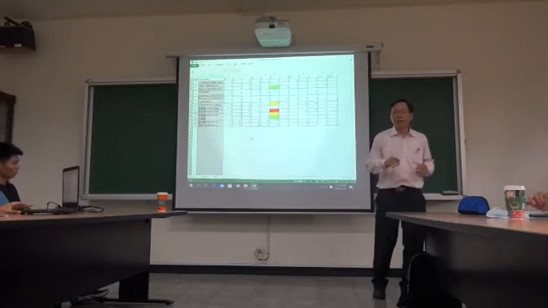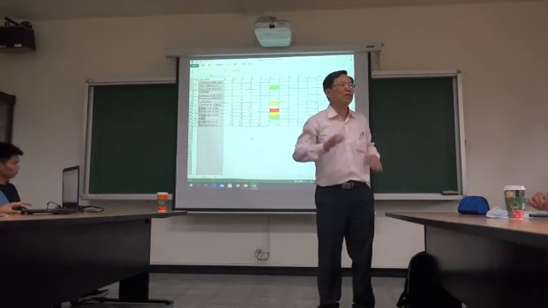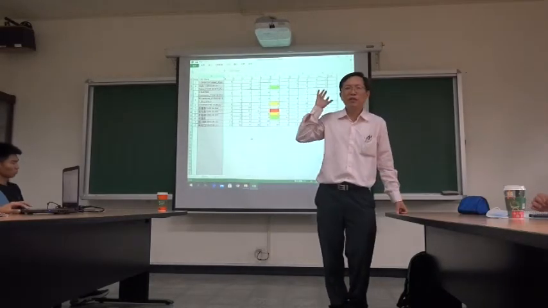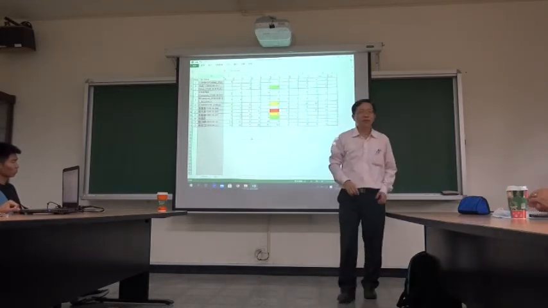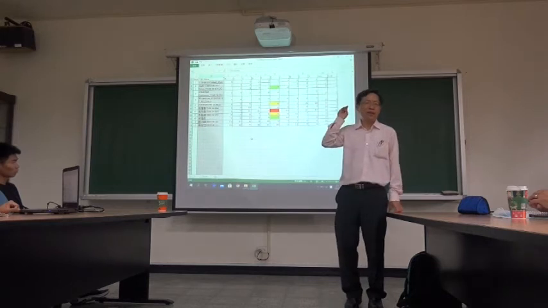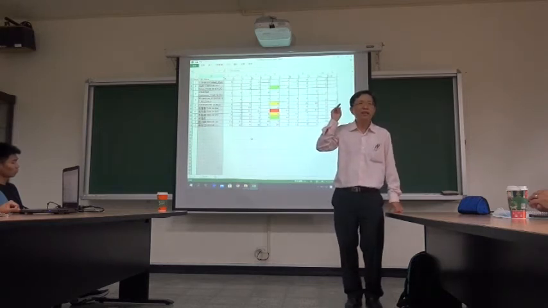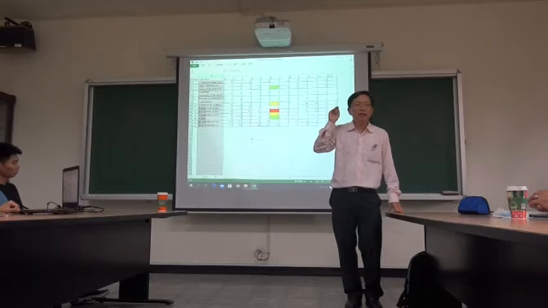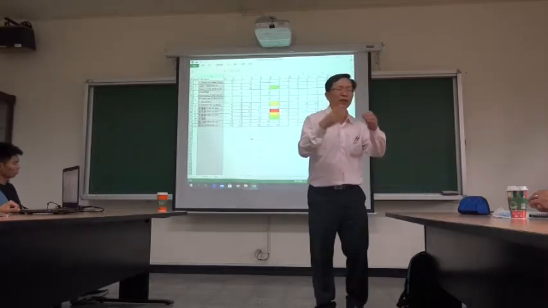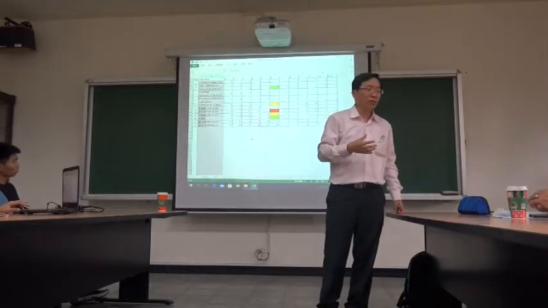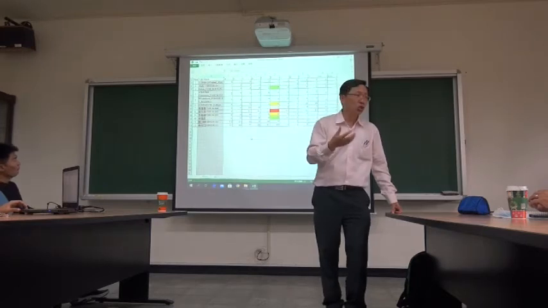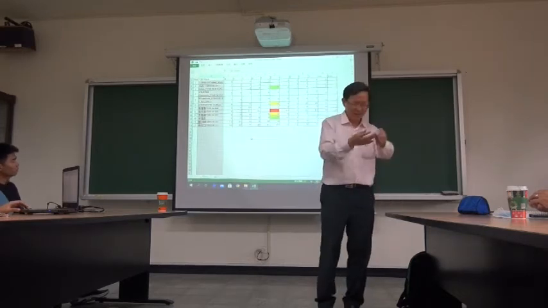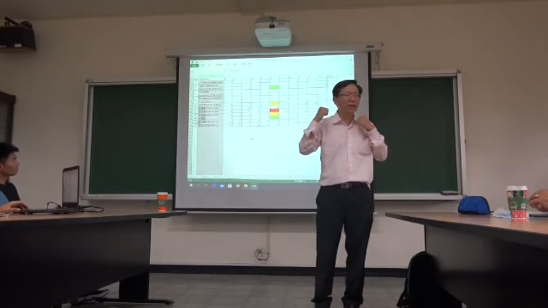Now it's open discussion. Can someone tell me what you can read from this table? This is a number. But when we work with big data, or artificial intelligence, machine learning, deep learning, we learn from big data.